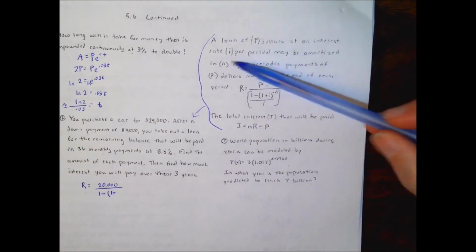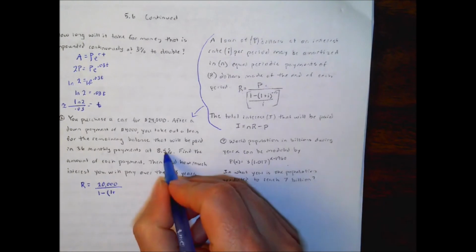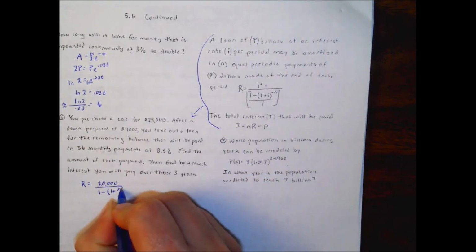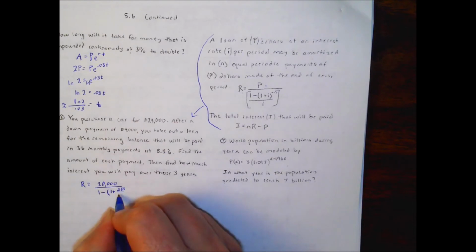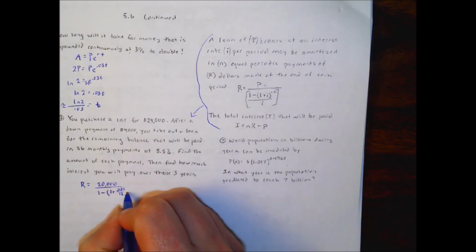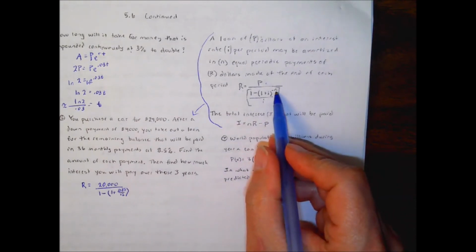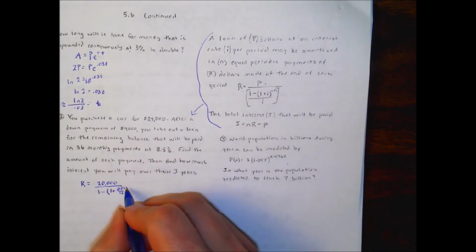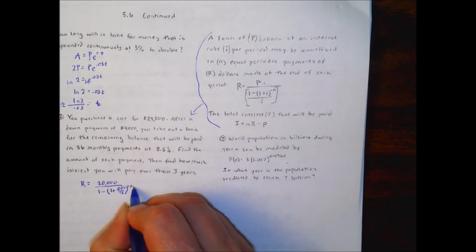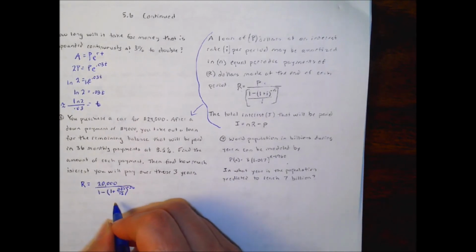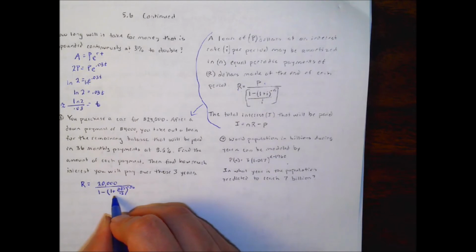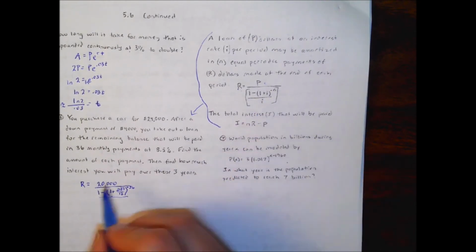So we take 0.085 and divide it by 12, because it's monthly payments. And to the power of negative 36, since we have 36 payments over 3 years. The whole thing is divided by this i again, which was 0.085 divided by 12.